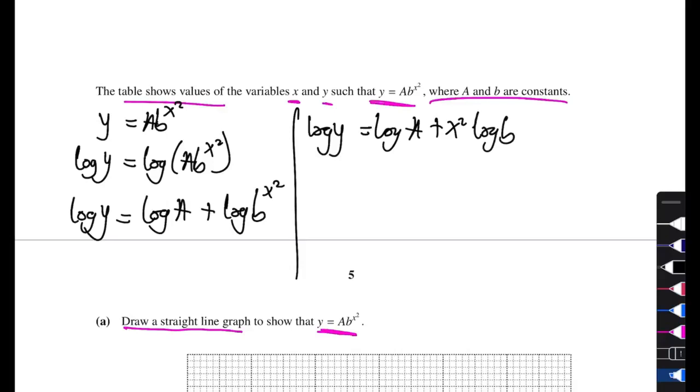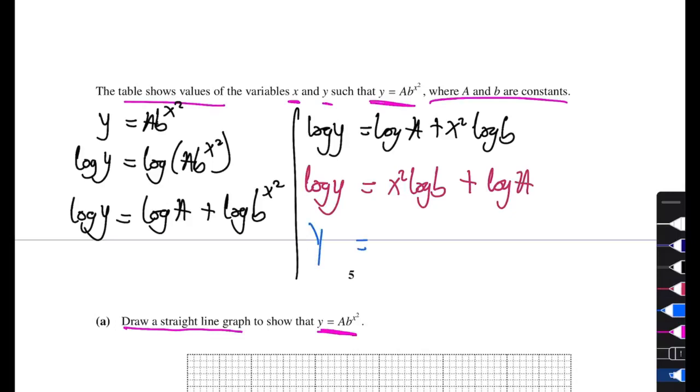You can rearrange it so that you have log y is equal to x squared log b plus log a. This is actually a straight line, like mx plus c, where this is your c, this is your y, the gradient is log b, and x squared is the x.